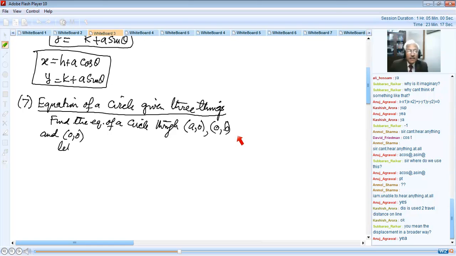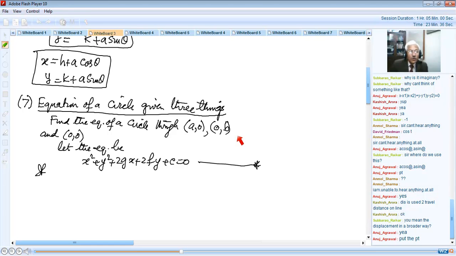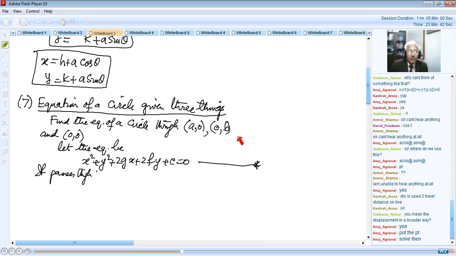We say let the equation be x square plus y square plus 2gx plus 2fy plus c equal to 0. First it passes through (0, 0). That gives you c equal to 0.